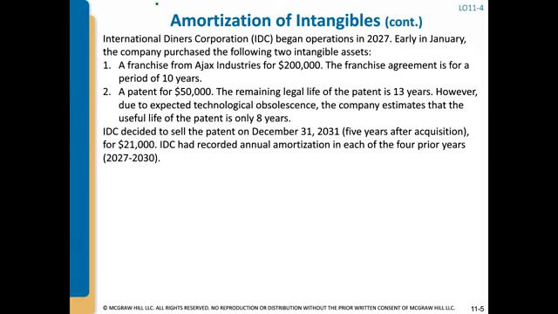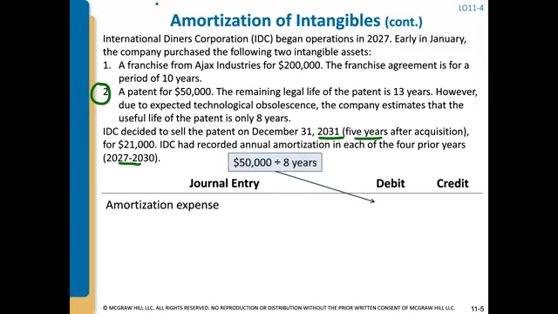Now, it tells us IDC decided to sell the patent on December 31, 2031, 5 years after acquisition, for $21,000. IDC had recorded annual amortization each of the 4 prior periods.